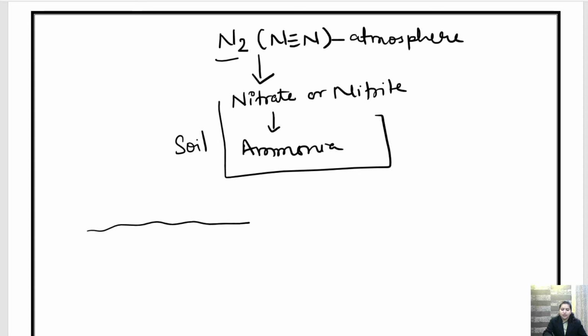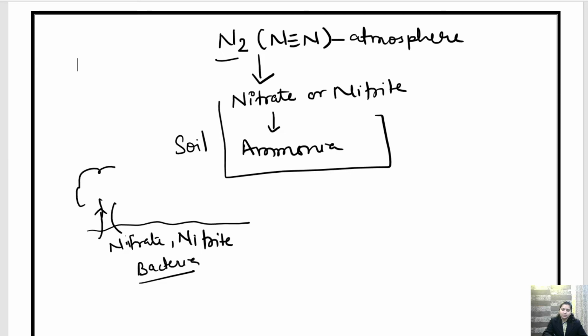If this is a soil, इसमें नाइट्रोजन, नाइट्रेट और नाइट्राइट के फॉर्म में पाया जाता है. There are several bacteria also present in the soil that do this conversion. Then the plant takes nitrate and nitrite from the soil, and also ammonia from the soil. Okay, and then they survive.